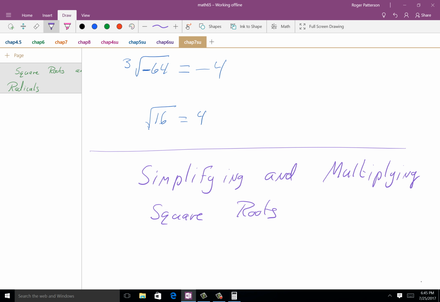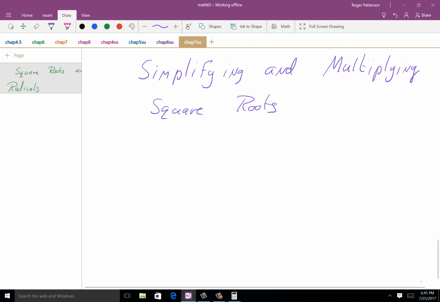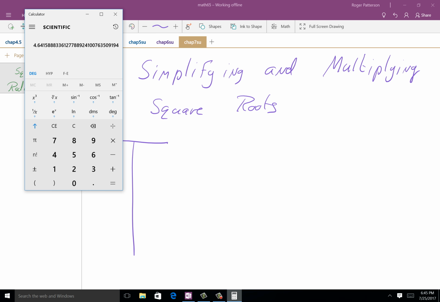Okay, so we'll go ahead and get going here. So 7.2 is going to talk about simplifying and basically multiplying and dividing square roots. This is going to look real familiar.